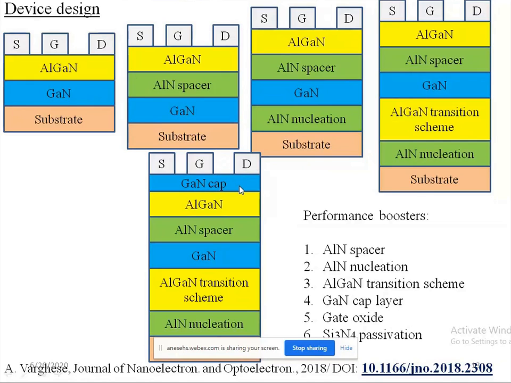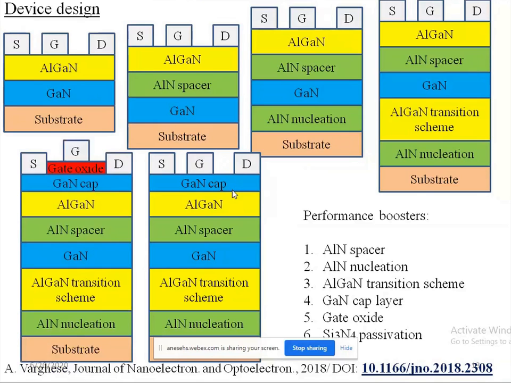After this, we have also added some passivation layers. We have worked with double passivation, single passivation, and passivation using a silicon nitride layer, aluminum nitride layer, silicon dioxide layer, a combination of aluminum nitride and silicon nitride, etc., in order to get better performance and overcome the current collapse that was occurring in the device. And finally, we also worked with an oxide-based device, that is a MOSFET, metal oxide semiconductor HEMT.